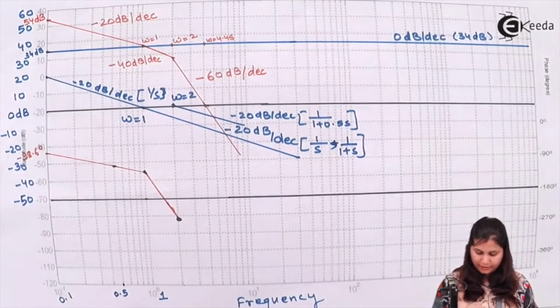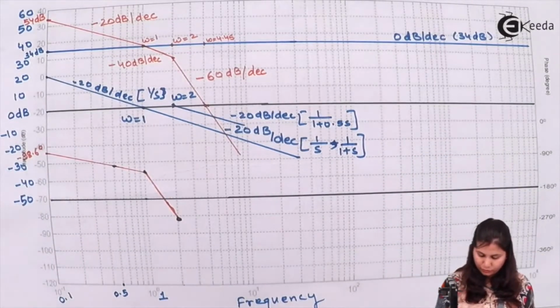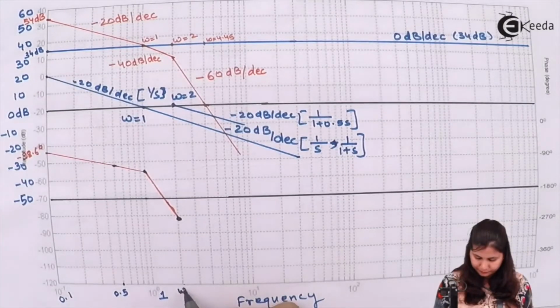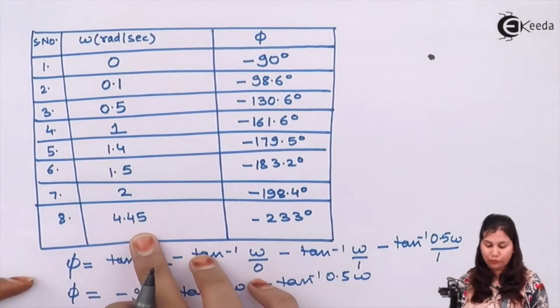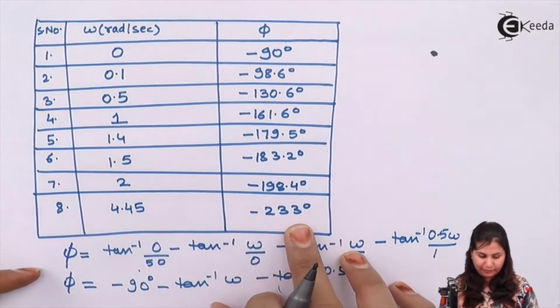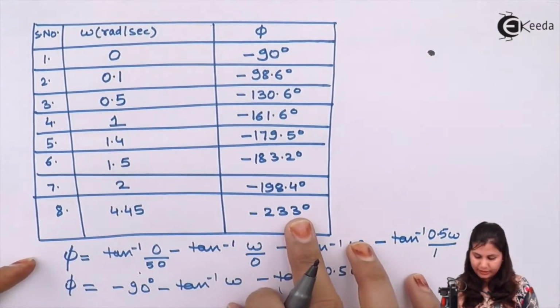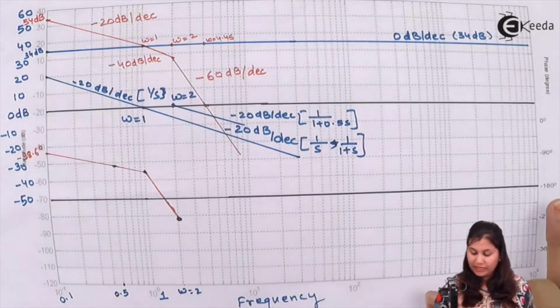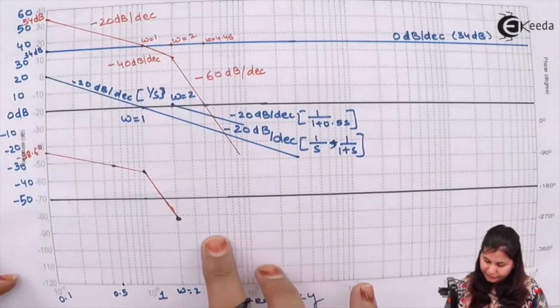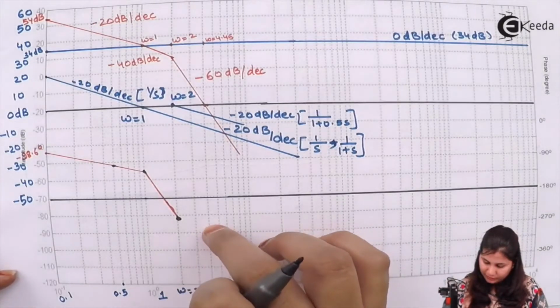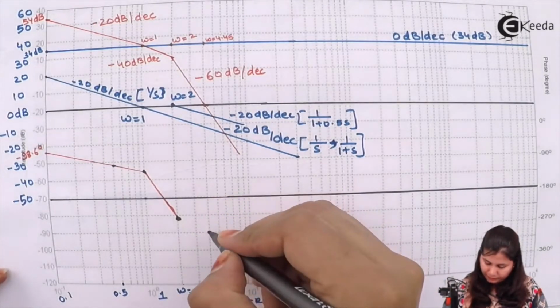Then this is omega equals 2. Then we have omega equals 4.5. Also the angle is minus 233 degrees. So here we have minus 180, it is 270. So 233 will be here.